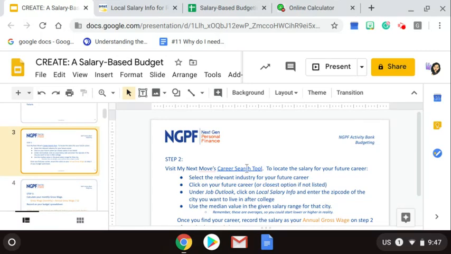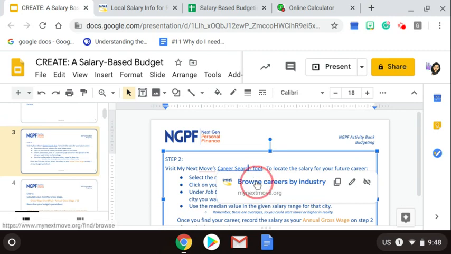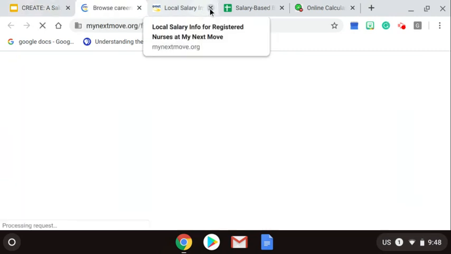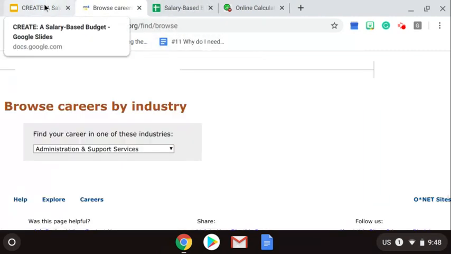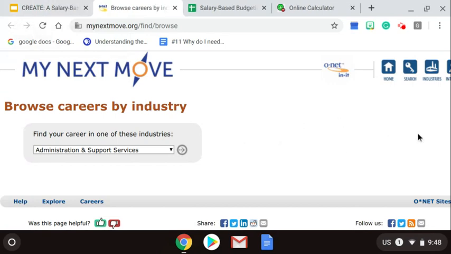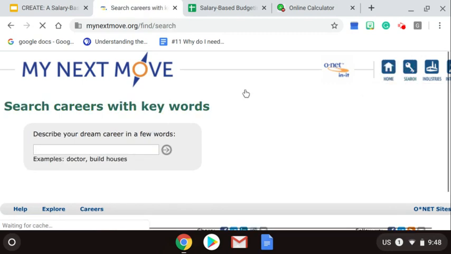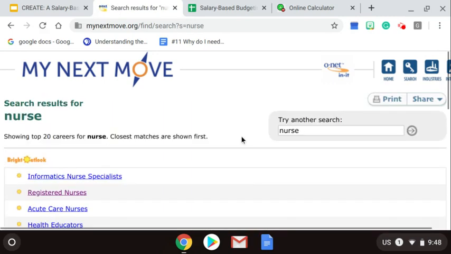Here you're going to click on this link. I like this resource because it tells you what career, and how much money that career makes. Go to the search button, type in whatever career you're interested in, and press enter.